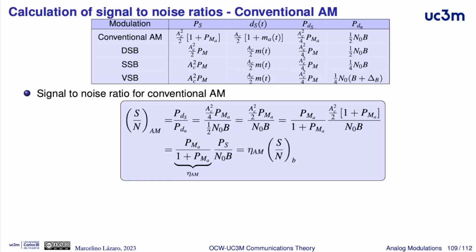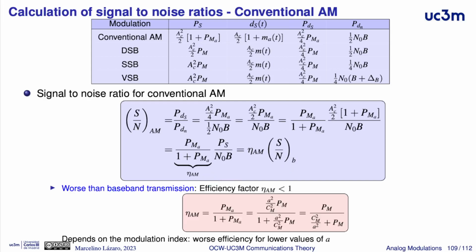Therefore, what we have is something that is different right now from the signal-to-noise ratio in a baseband transmission. And the term that we have here is lower than 1 because the denominator is 1 plus the numerator. And this is the conclusion that we have for the signal-to-noise ratio in a conventional amplitude modulation. The signal-to-noise ratio is worse than the signal-to-noise ratio for a baseband transmission.